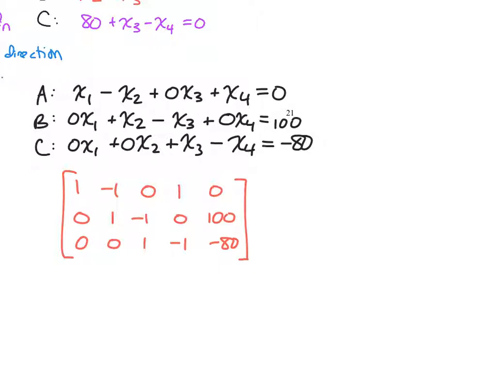And then we can pop this in. This is a 3 by 5. So 1, negative 1, 0, 1, 0, 0, 1, negative 1, 0, a hundo, and 0, 0, 1, negative 1, negative 80.